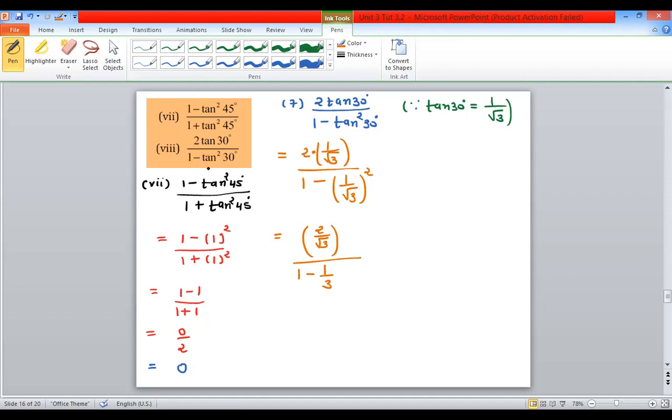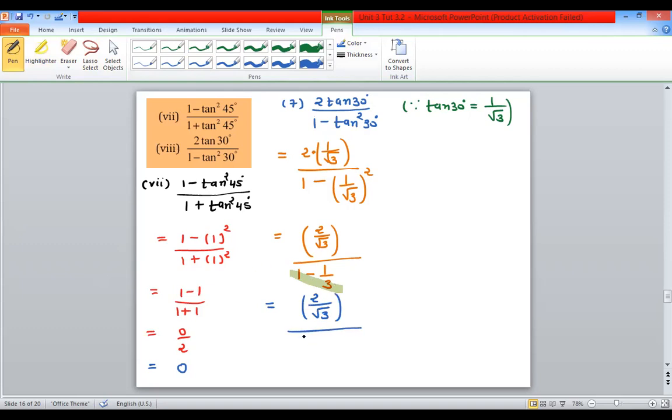The square of any under root term gives you a whole number. Now you just take the LCM, the cross multiplication. This 3 is divided by 1, this 3 is multiplied with 1. So it looks like 2 by 3, this is your numerator.